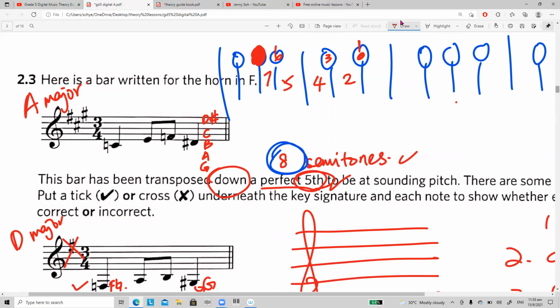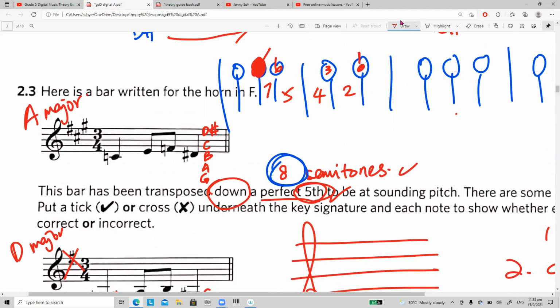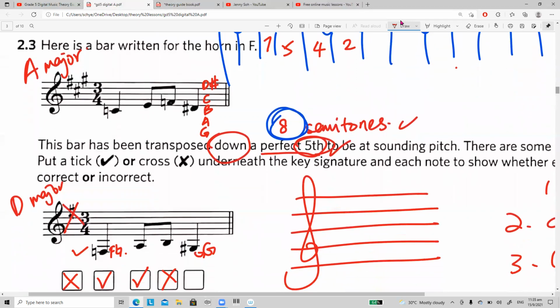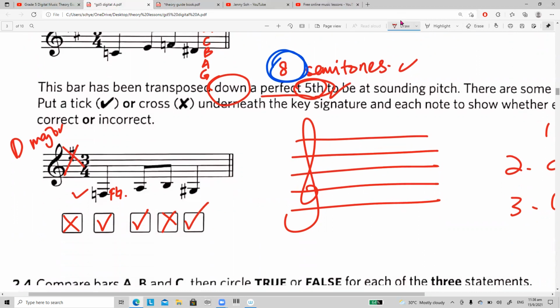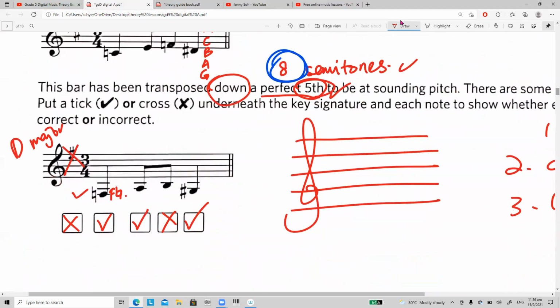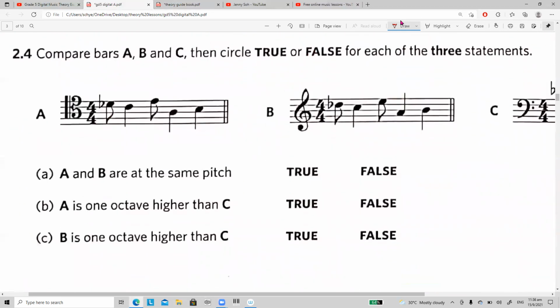So now you need to find out whether this black key belongs to A flat or G sharp. If it's on the black key, it has 2 possibilities. But the note here is a G. So the answer will be G sharp. Which means they give you a G sharp, which means this is the correct answer. Okay, so that's all for this 2.3 transposition.